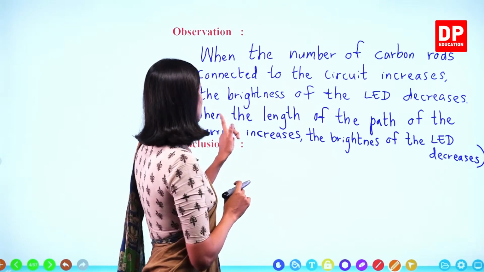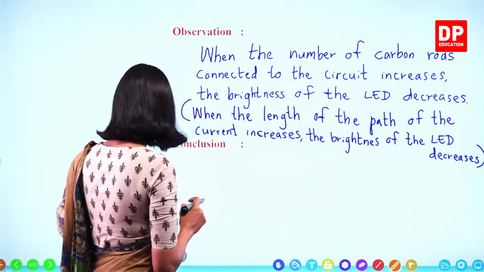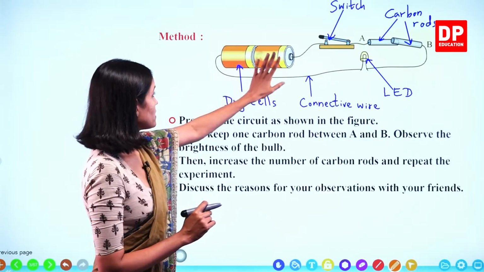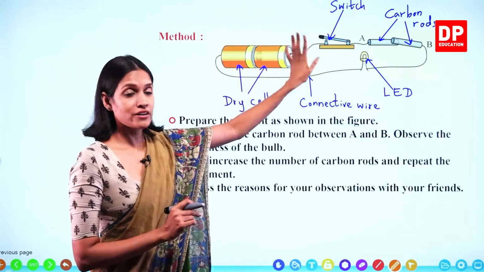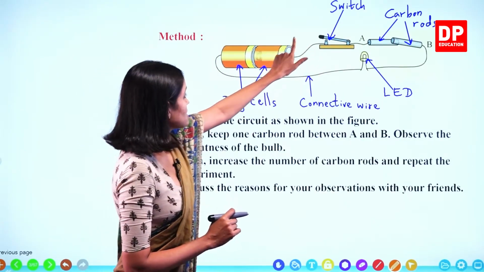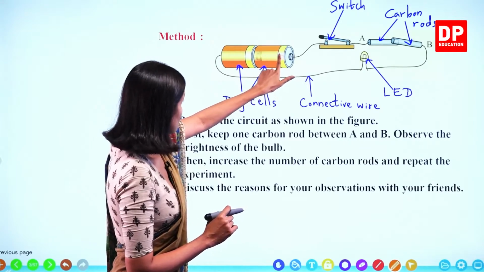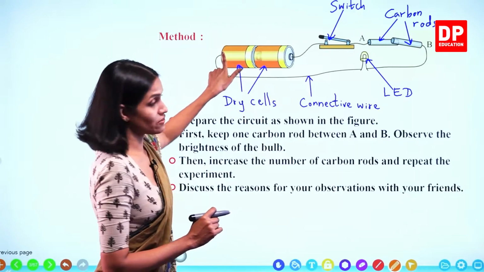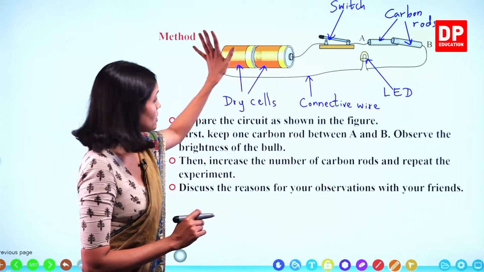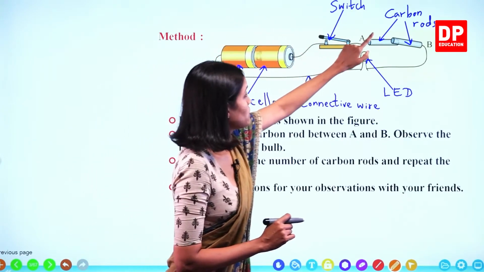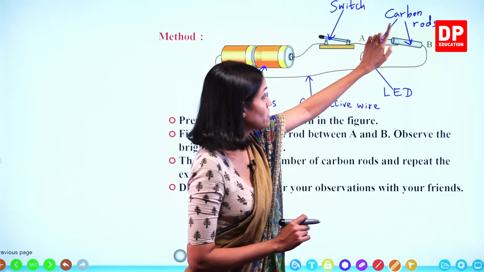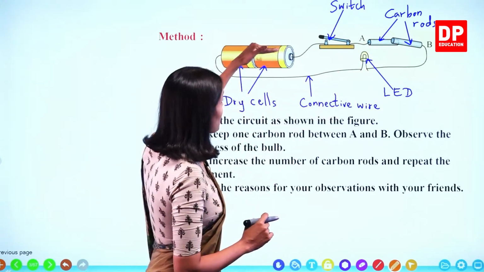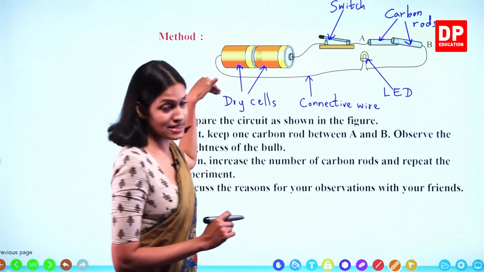Okay, so what is this length of the path of the current? Look at this one again. The current flows through the circuit from the positive terminal to the negative terminal of the cell, right? So what happens when you increase the number of carbon rods connected to the circuit? The path of the flow of current increases.